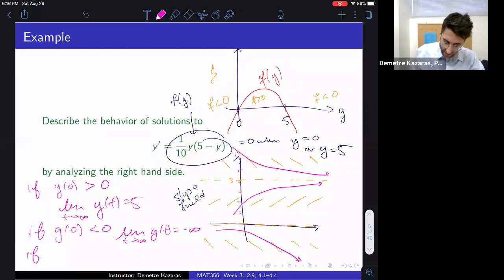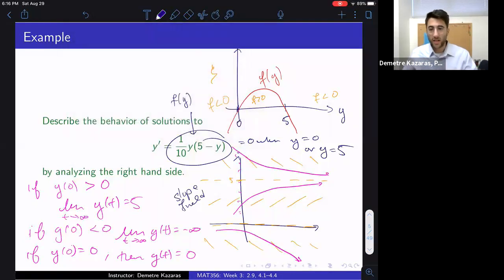And then if y of 0 is actually equal to 0, then y of t is always 0. Okay, so I've described what happens when the initial condition is bigger than 0, less than 0, or equal to 0. You get these answers. So that describes the behavior of solutions.